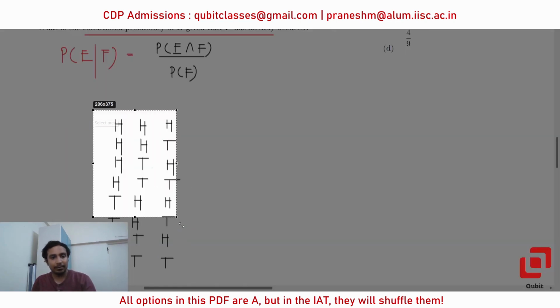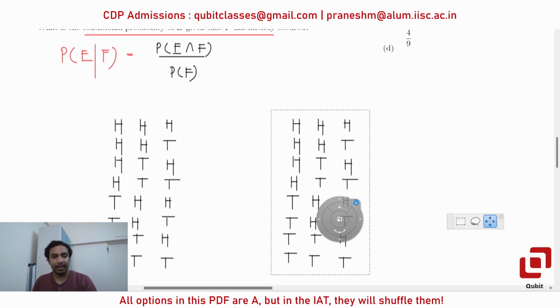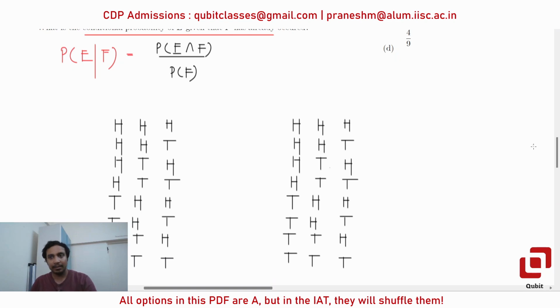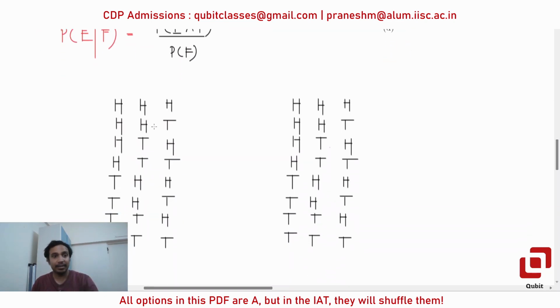Now to make things easier, I'm going to make a separate table for event E and event F. Let's first consider event E. At least 2 heads show up. At least 2 heads. So first, second, third, fifth, that's it. At least 2 means 2 or more than 2.